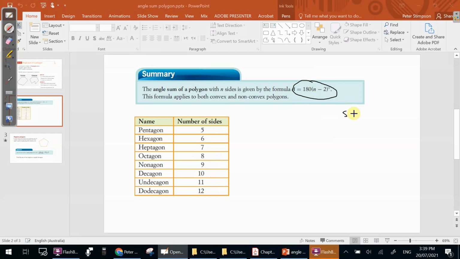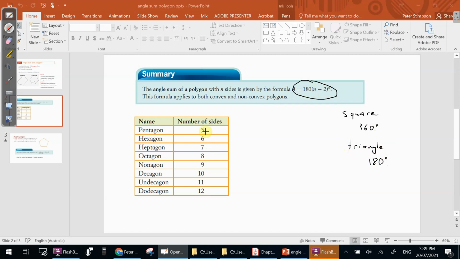We know that a square, any four-sided figure, the angle sum is 360. And we know any triangle is 180. Well, there's a connection. This is the connection between all of them.